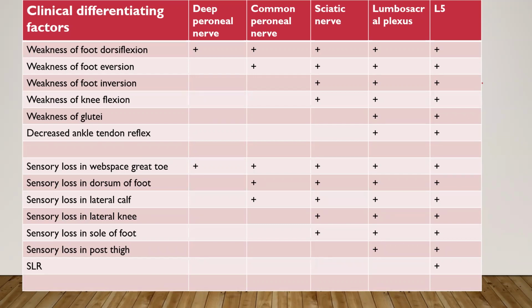And the sensory loss. This web space of great toe is for what? Deep peroneal. And then the dorsum of foot is superficial peroneal nerve. Then lateral calf is superficial peroneal. Lateral knee is L5.